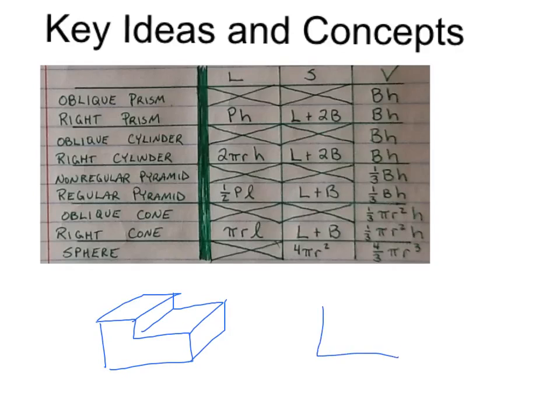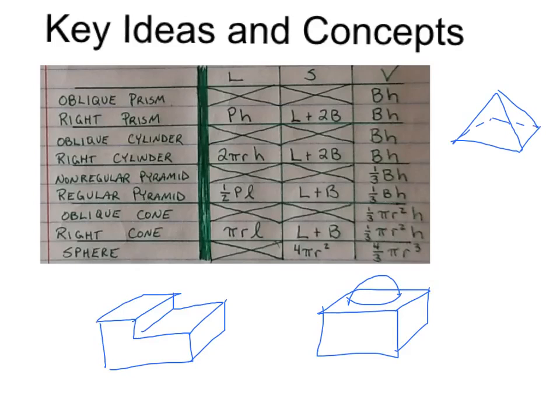Maybe I'll take a cube, and on top of the cube I'll put a hemisphere and ask you to find the surface area and volume of that. Basically, I'll be combining various shapes that we've done calculations on and ask you to find surface area and volume.